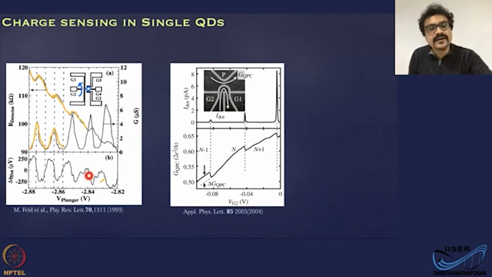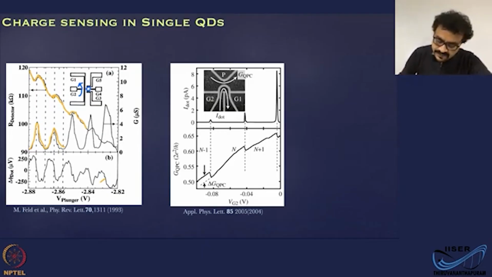And here there's a plot of the change in the dot potential extracted from the resistance change in the detector, the details of which we will not discuss now. So the point here is the Coulomb blockade oscillations are felt by the current through the detector circuit, which is the quantum point contact.